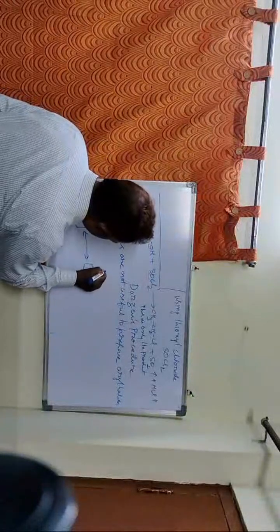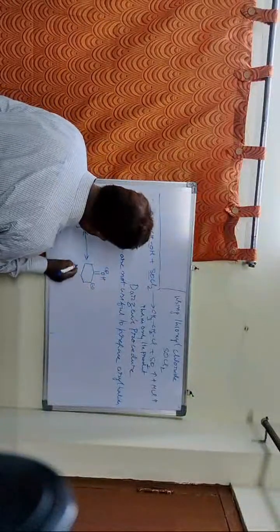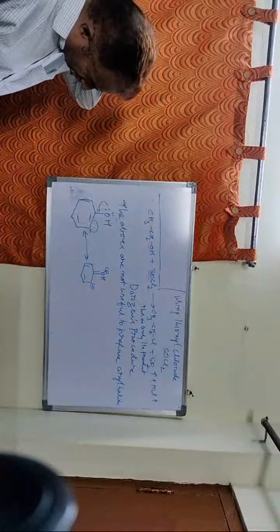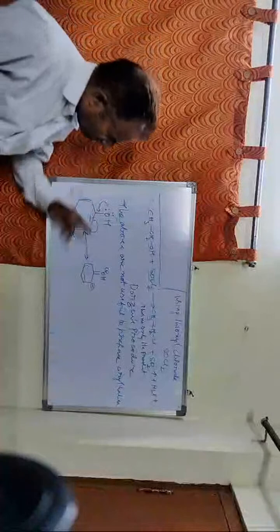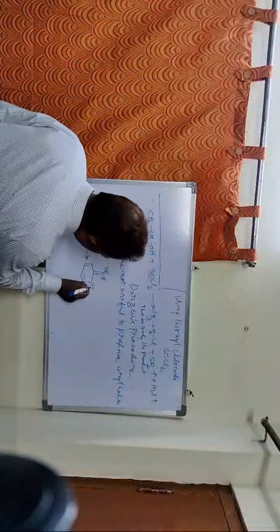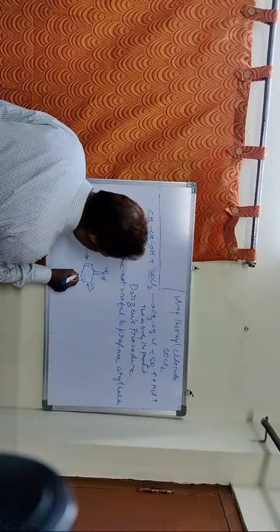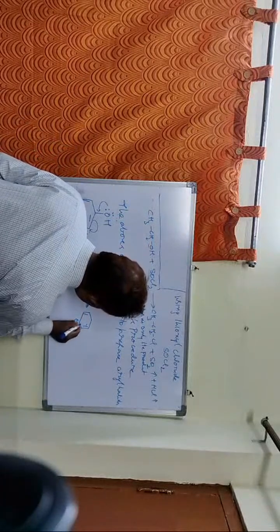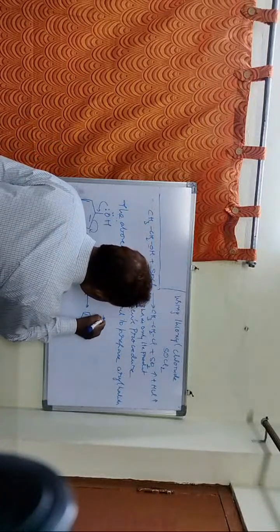Therefore, what do we get here? This is a double bond, OH plus, and this is minus. So what happens? The C-O bond, the bond between carbon and oxygen, acts as a partial double bond. Now this negative charge shifts here and this double bond shifts here in this manner. Therefore, we get minus here and OH plus.